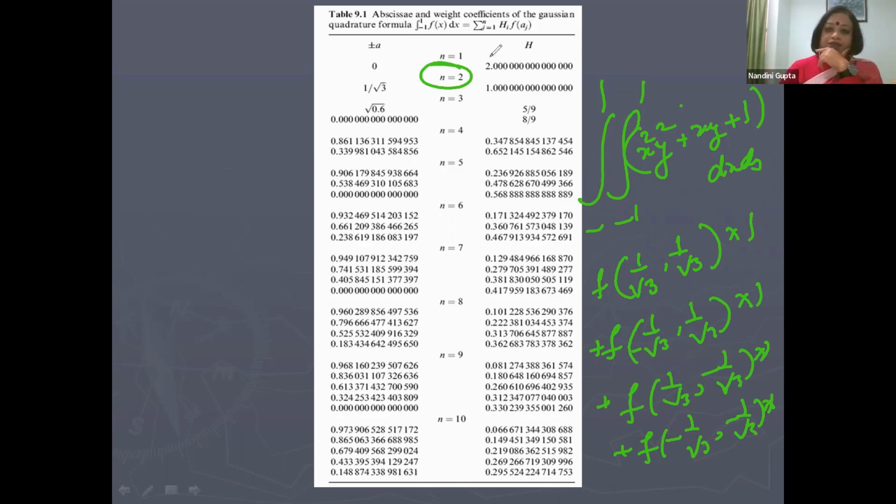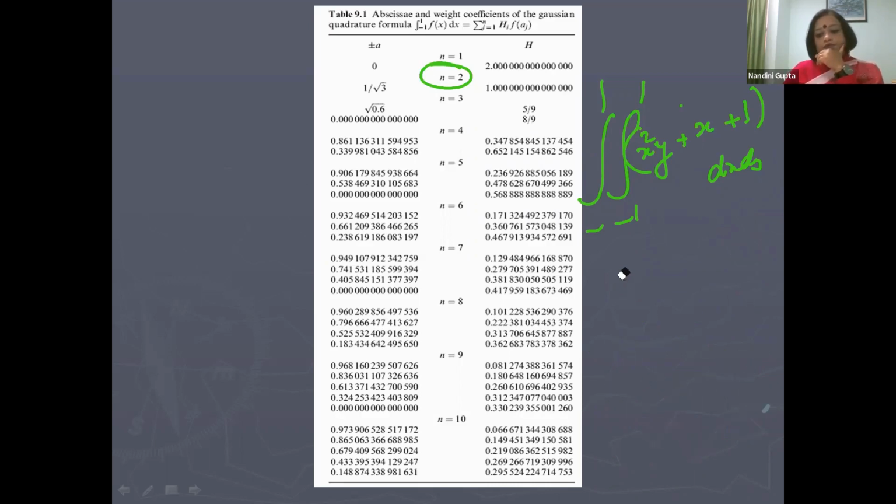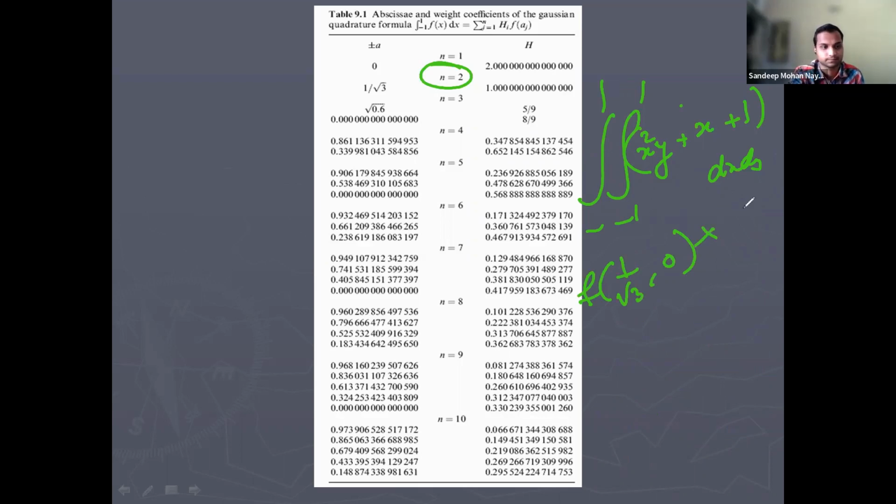In that case, suppose we were working with this then. What do we do now? How many points do we have? Total 3. 2, 1. Into what?